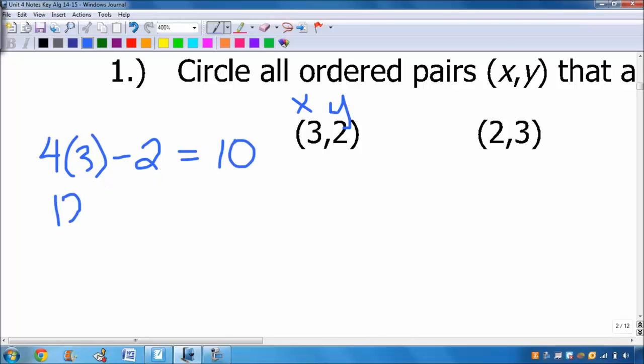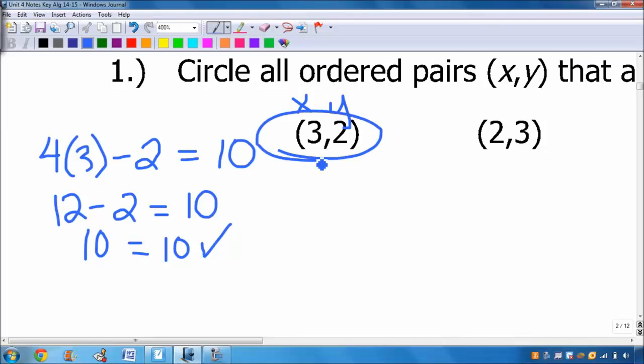So I get 12 minus 2 equals 10, and 10 equals 10. So it works. I know for a fact that (3, 2) falls on the line 4x minus y equals 10. I can also do this by graphing the lines and seeing if these points work.